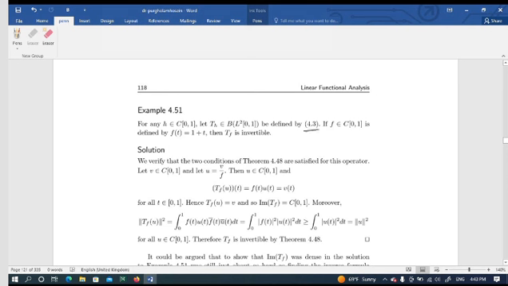If F is a member of C[0,1] defined by F of 1, F is invertible.